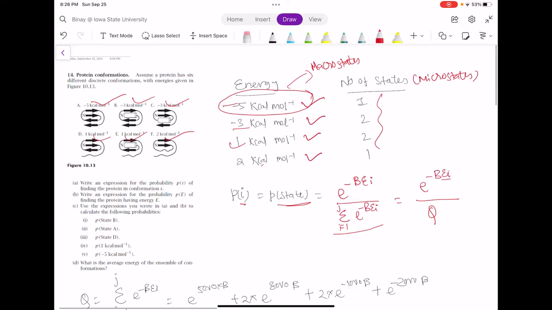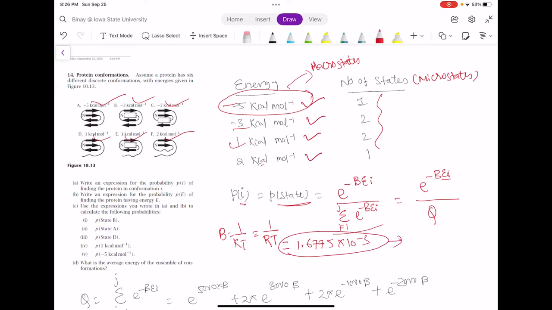This whole denominator is known as the partition function, q. Epsilon i is the energy state value, and beta is equal to 1 over kT. Since here we are calculating for 1 mole, we can write it as 1 over RT, and calculating the beta value I got 1.6775 times 10 to the power minus 3, which I will use in further calculations.